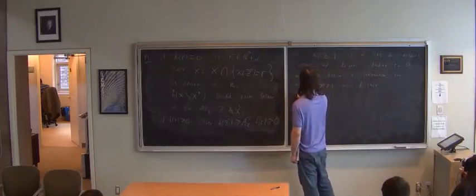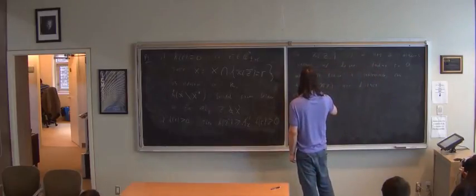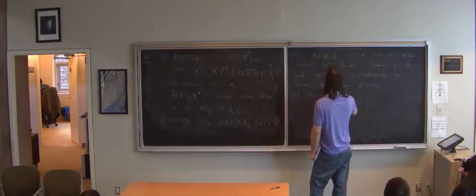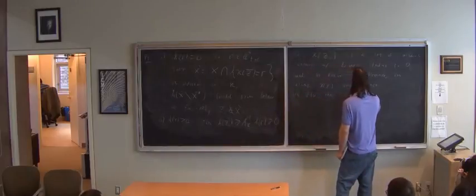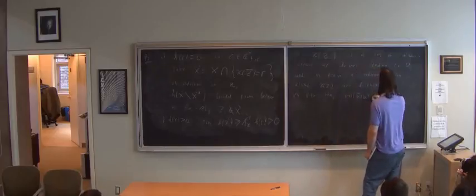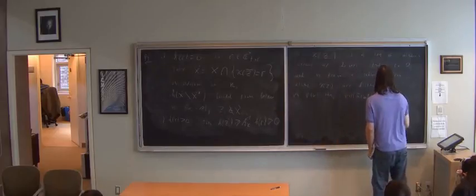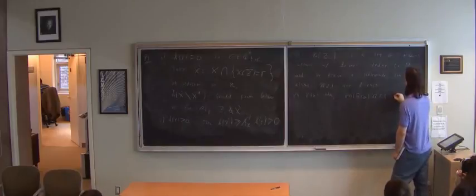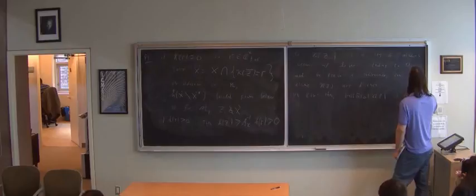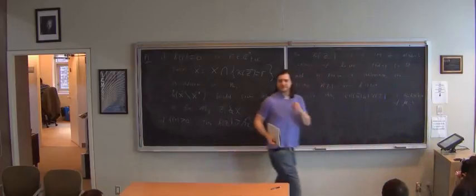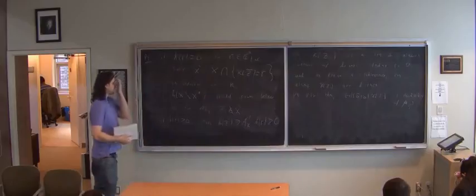And so by Bilu's theorem, which we just proved, if you look at the Galois orbits of these points, this is equidistributed with respect to the Haar measure on the unit circle.